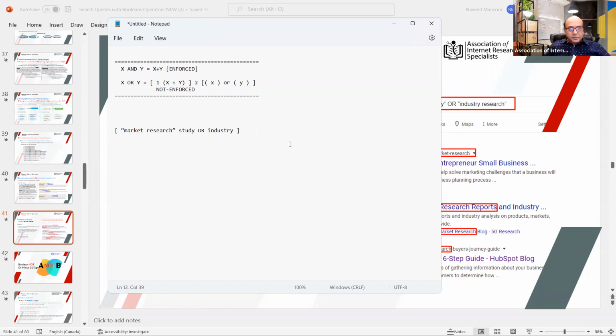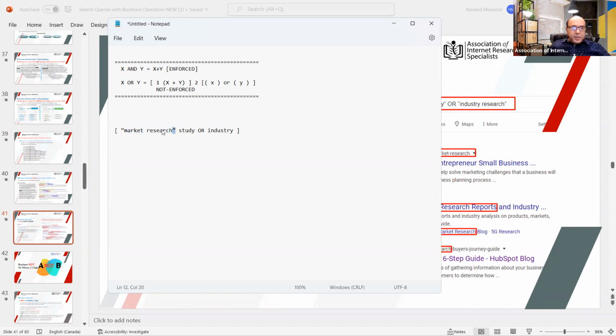How about this? Knowing this, anything that I'm going to force the search to find has to be that quality of word or impactful phrase, so that if enforced, it can scoop up more documents with the words market research in relationship to study or industry.